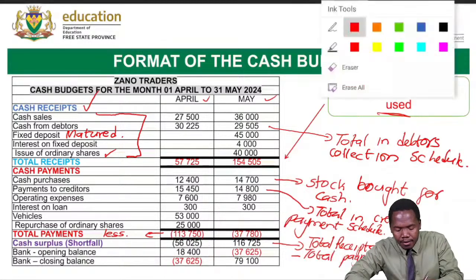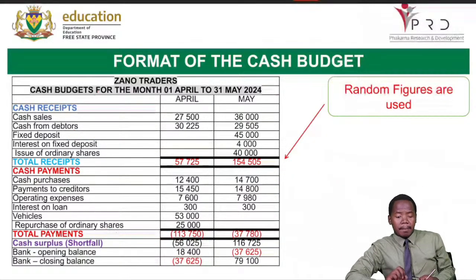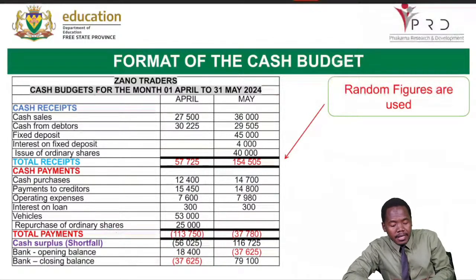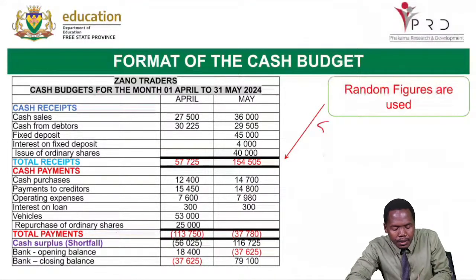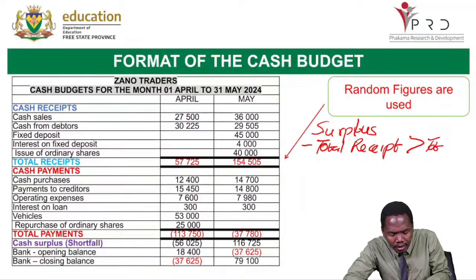Now, I just want us to look at this now. When does it become a surplus? When does it become a deficit? We say now it is a surplus. When is it a surplus? When your total receipts are bigger than your total payments.